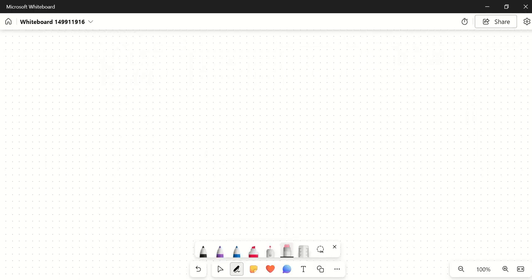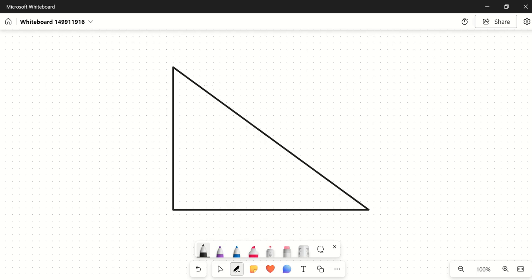So here's your little mini quiz with your group. You guys are going to give me the two classifications of this triangle. Talk with your group. And remember, you have to justify why.